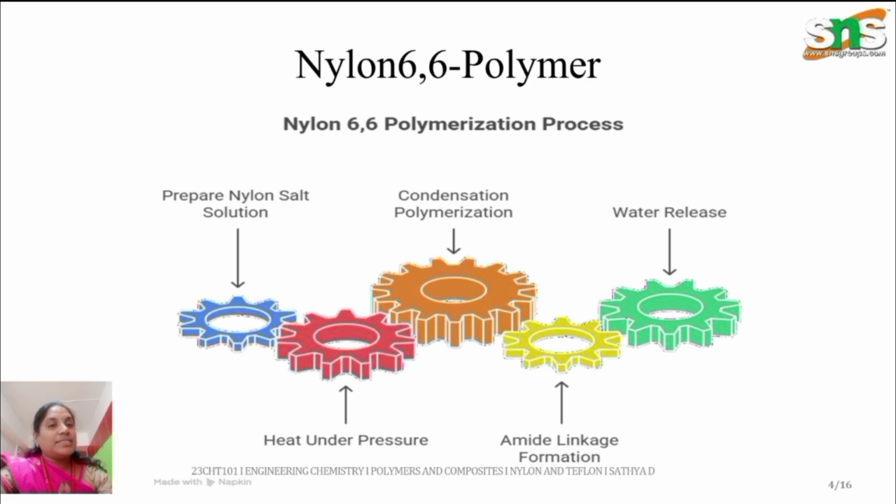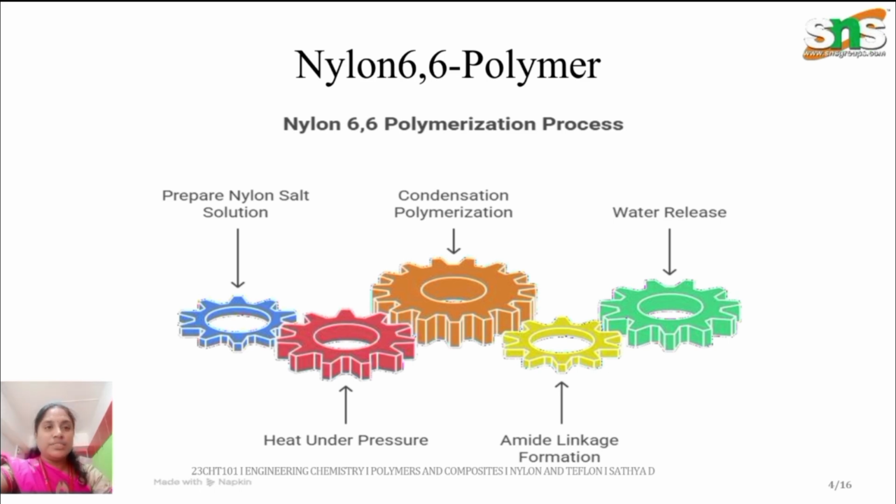Because hexamethylene diamine is a chemical compound that reacts with adipic acid to form nylon 66. This is a condensation process because the two chemical compounds condense together to form a polymer. The 66 means 6 carbons in hexamethylene diamine and 6 carbons in adipic acid. That's why we call it nylon 66.